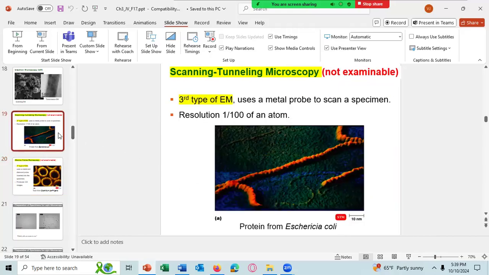And I guess I should mention the scanning tunneling microscope is the most we can magnify any specimen, meaning usually we see something smaller than an atom. You won't be examined on that. I'm just mentioning it. Any question about the electron microscope?